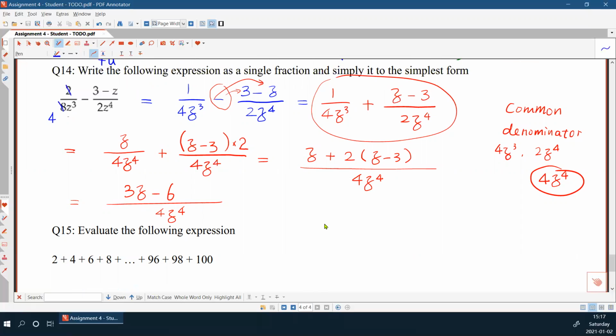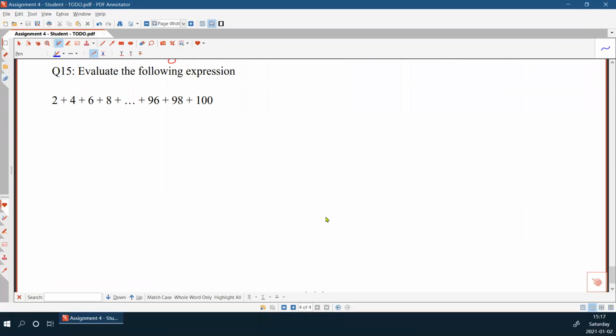Last question. Okay, evaluate the following expression. Okay, to evaluate an expression like this, it should be noted that the difference of any term to the previous term is always 2, right?